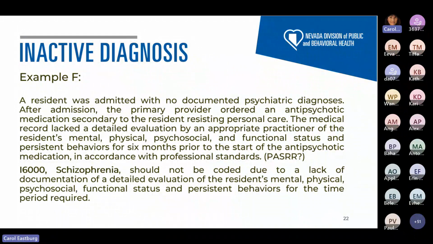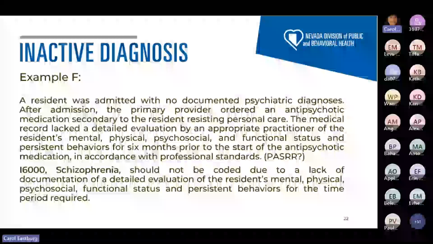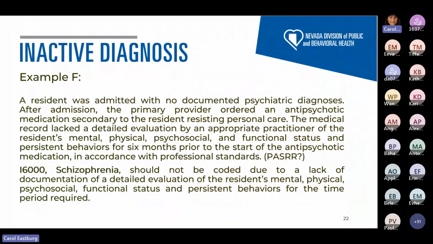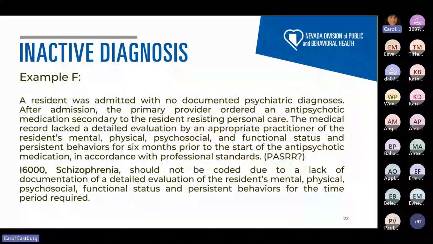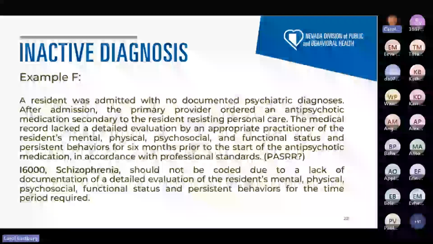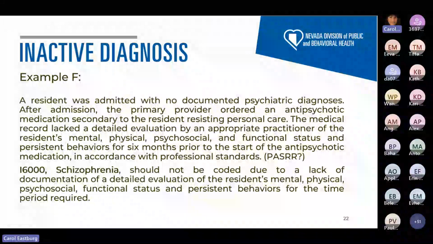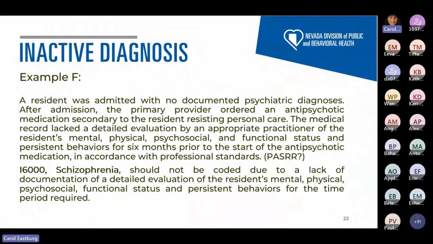So this is just an alert to be aware that if they're on an antipsychotic, they need to have at least 6 months worth of documentation of the behaviors. That includes hallucinations, whether auditory, via the ear.